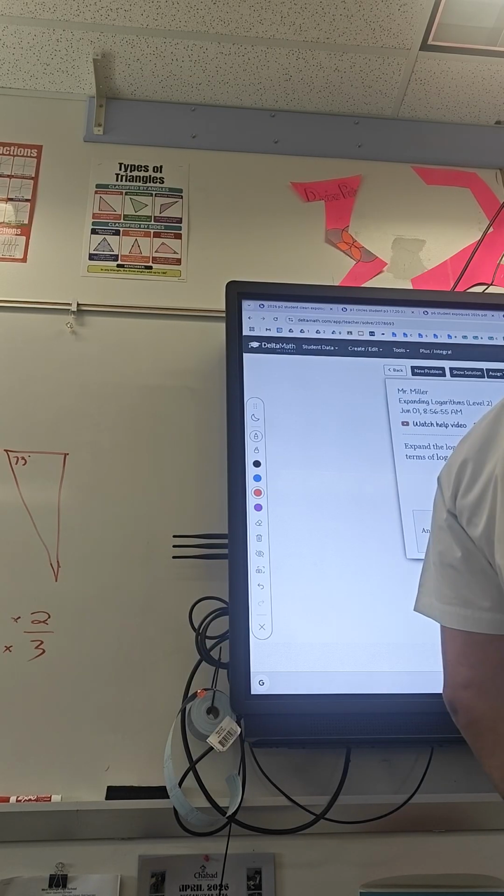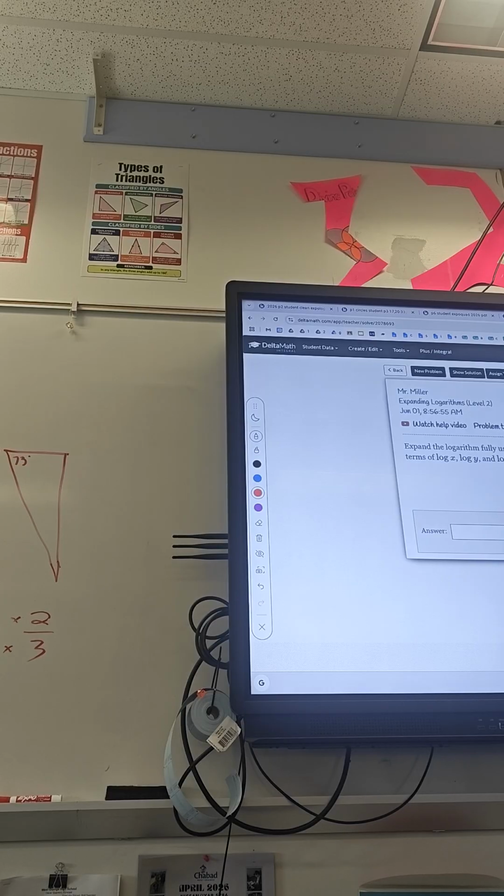Now this one, I'm going to split into a plus, because you could split this into a plus, so it's going to become minus log x to the 3rd, but you're really distributing it, and then minus log y, because this is minus both of these.